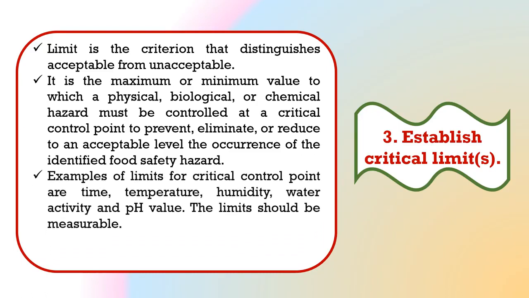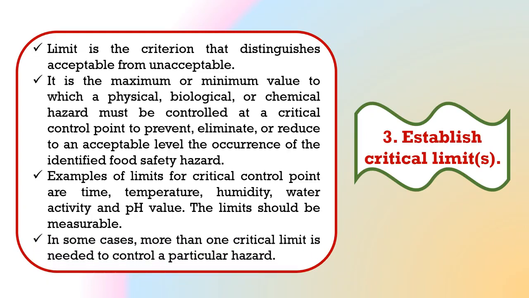So these critical limits are values like time, temperature, humidity or pH. In short, limits should be measurable. In some cases, more than one critical limit is needed to control a particular hazard.